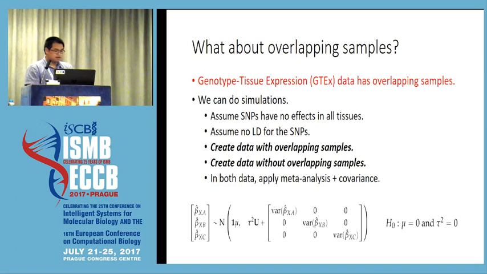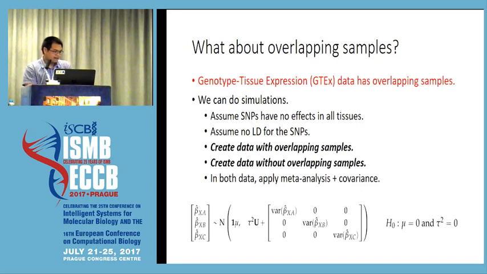In this simulation, we assume that the SNP has no effects in all the tissues. We also assume that there is no LD for the SNP, so that in the simulation, the data is very clean. We create two different data sets. In the first data set, we create data that have overlapping samples. In the second data set, we create data without overlapping samples.